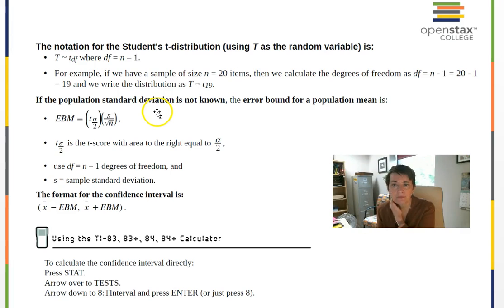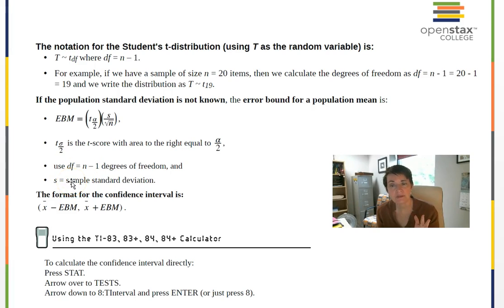The error bound for the population mean is written this way. And what that means is t sub alpha over 2 is a t-score with area to the right that is equal to alpha, the error, divided by 2. Use the degrees of freedom of n minus 1, and S is the sample standard deviation.